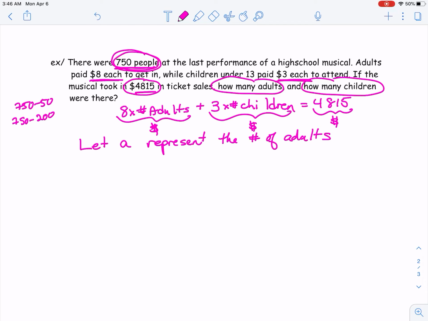So it looks like we're taking the 750 and subtracting how many adults there were to get the number of children. So if we take 750 and subtract the number of adults, which in this case is A, that's what represents the number of children.